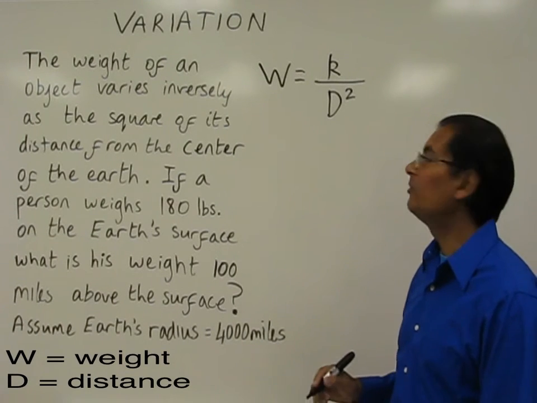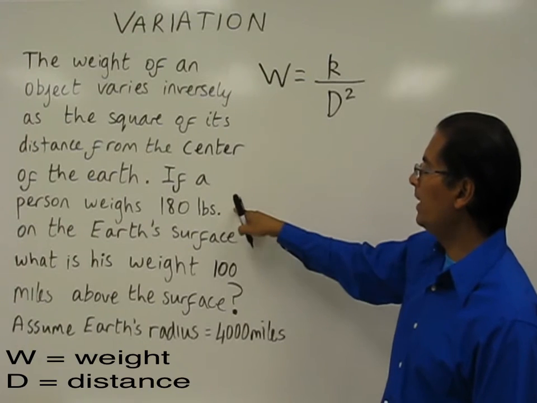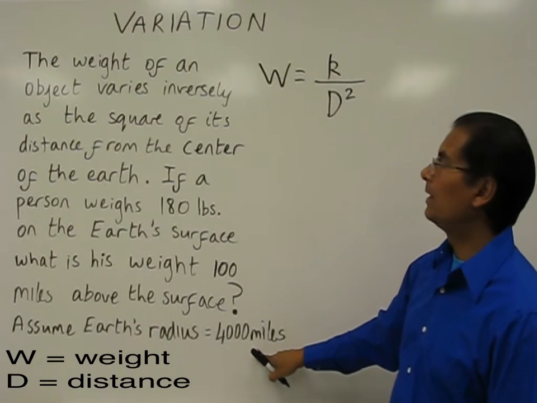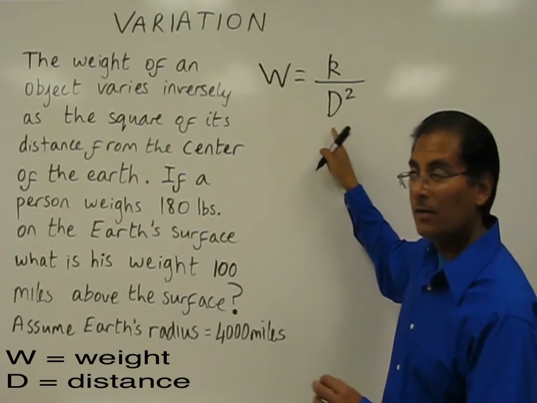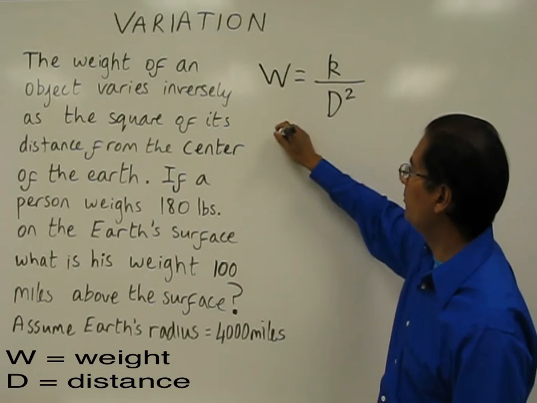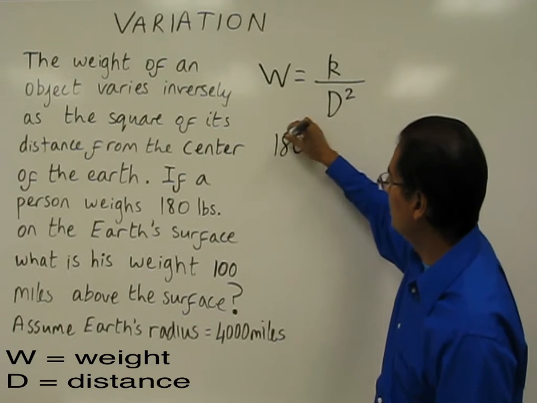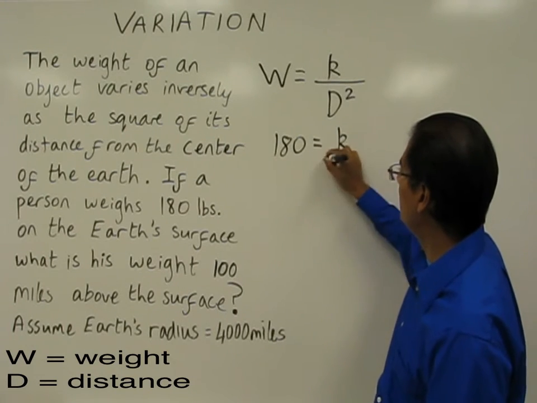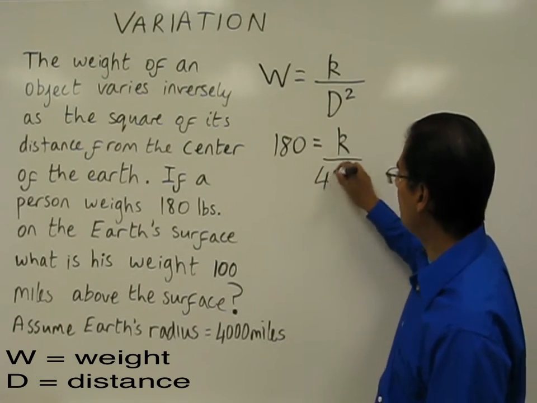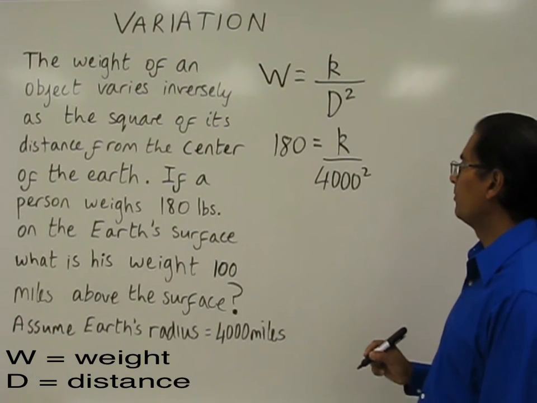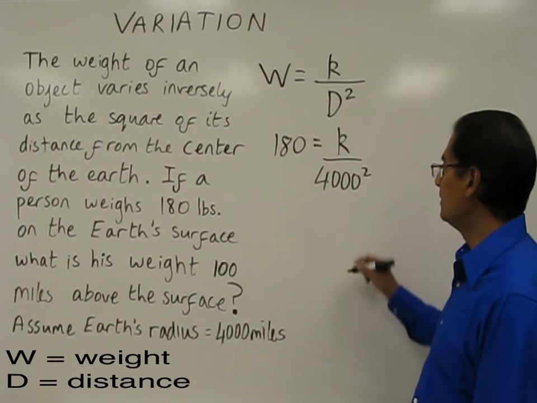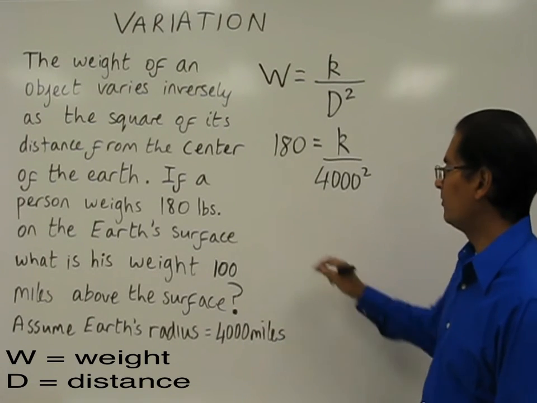That is our relationship. Now we're given a weight and we're given a distance. On the surface, which is 4,000 miles away from the middle of the Earth, the weight is 180. So 180 equals k divided by 4,000 squared. We want to solve this for k. We multiply both sides by 4,000 squared.